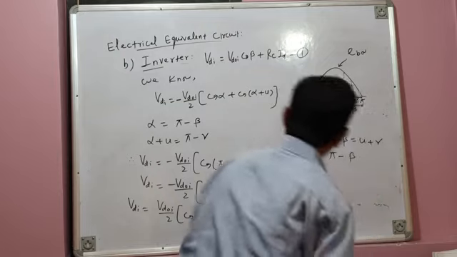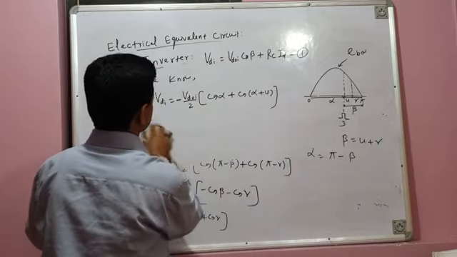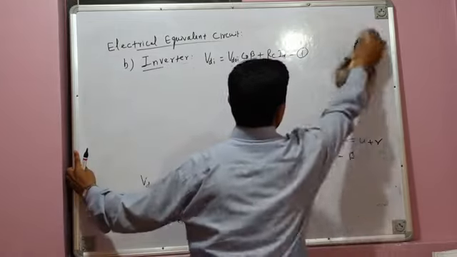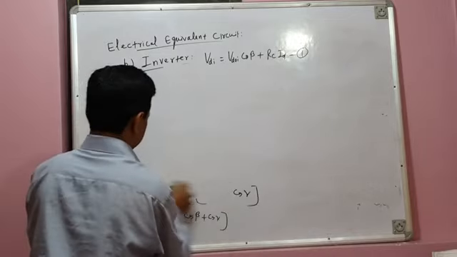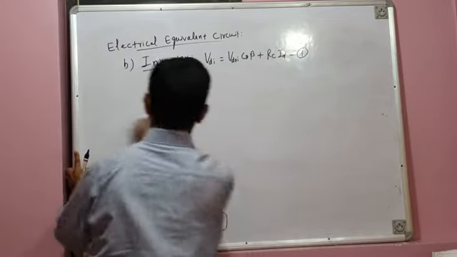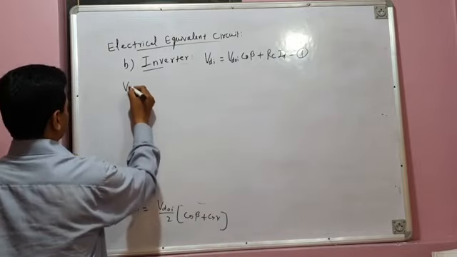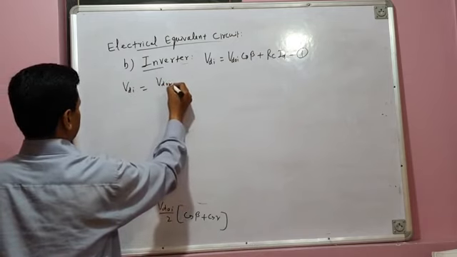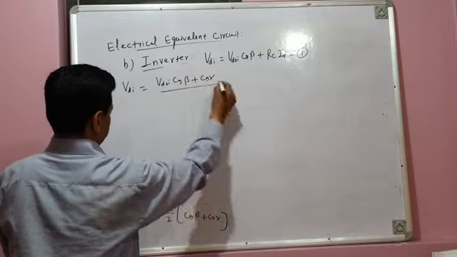Let us further simplify it. From this, VDI is equal to VDOI times cos beta plus cos gamma by 2.